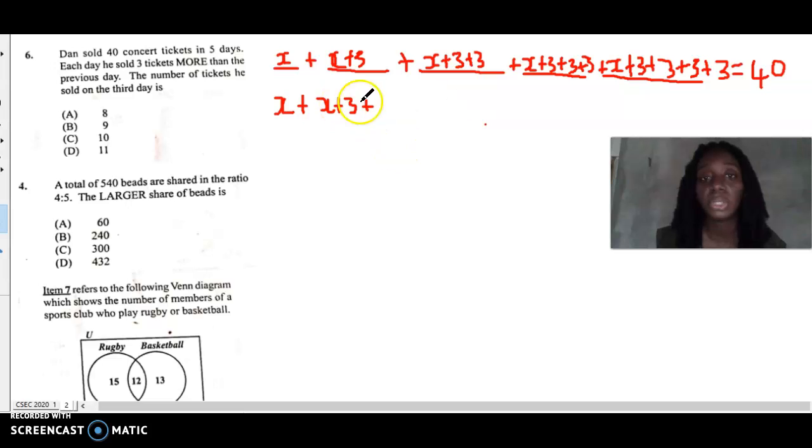So we can add these two constants to give us 3 plus 3 is 6. So day 3 would be X plus 6. Hope that you're following. Plus, on day 4, he would have sold X, 3 plus 3 is 6 and 3 is 9.